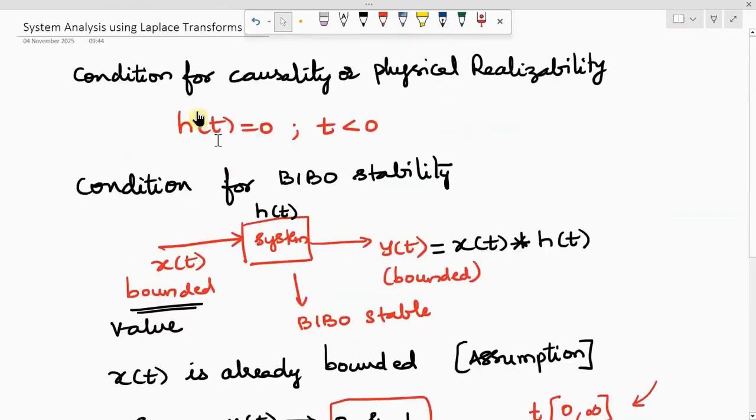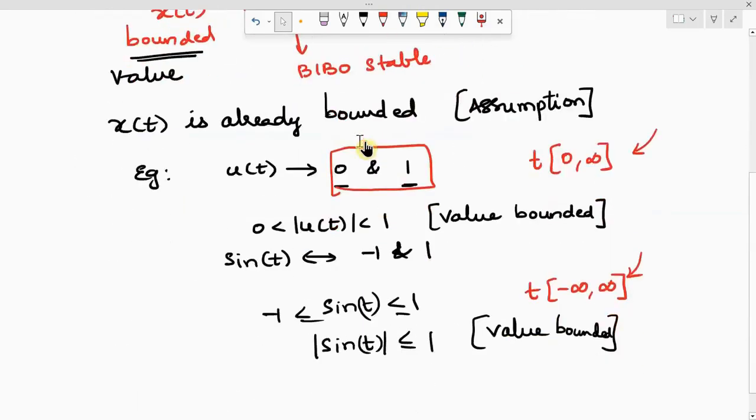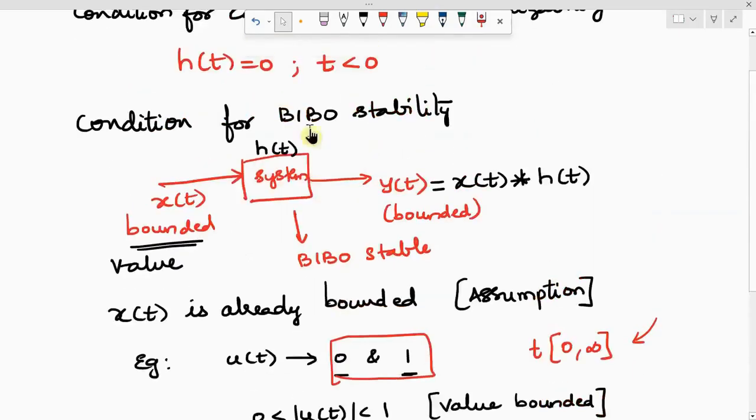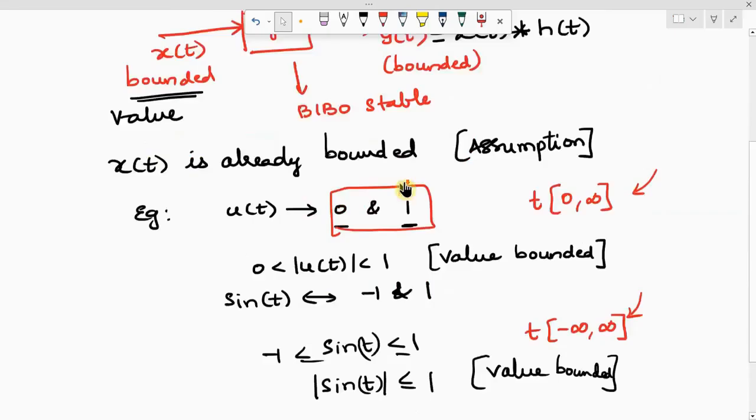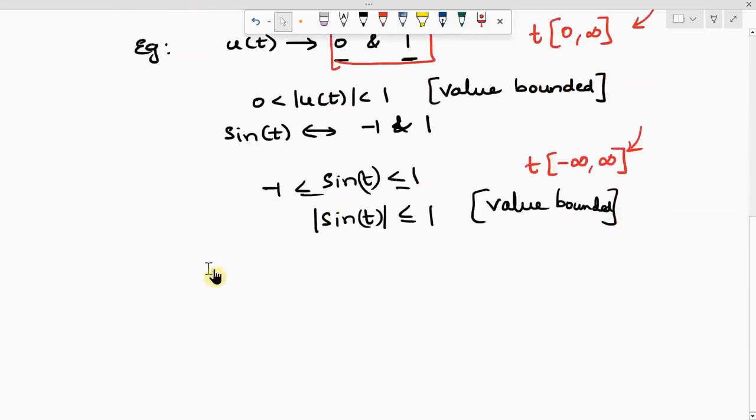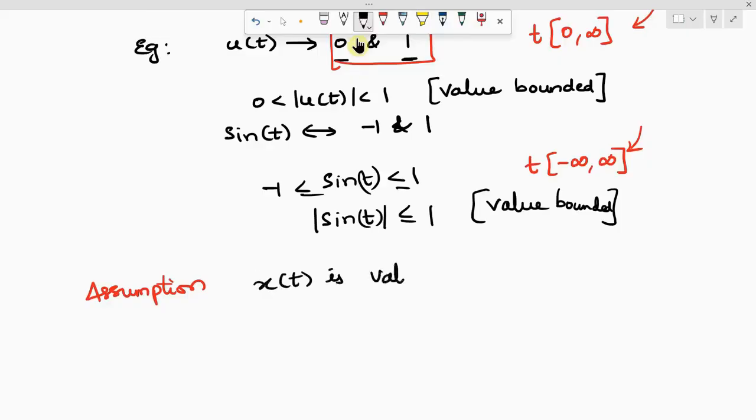So just like the condition we got for causality and physical realizability as h of t equal to 0 for t less than 0, we will go for deriving the condition for BIBO stability in terms of the impulse response. Now, the assumption is that x of t is value bounded.